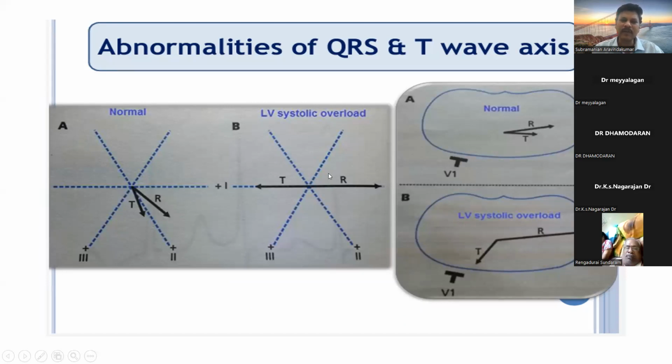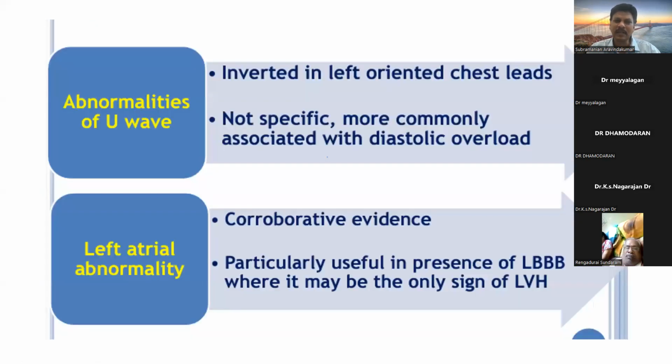Here, if we have a systolic overload, all the forces are directed leftward and the axis can be leftward: 0, -10, -15 likewise. So this is what happens to the QRS complex axis and the secondary STT changes. Because of that, the T wave will be opposite to the QRS complex axis.